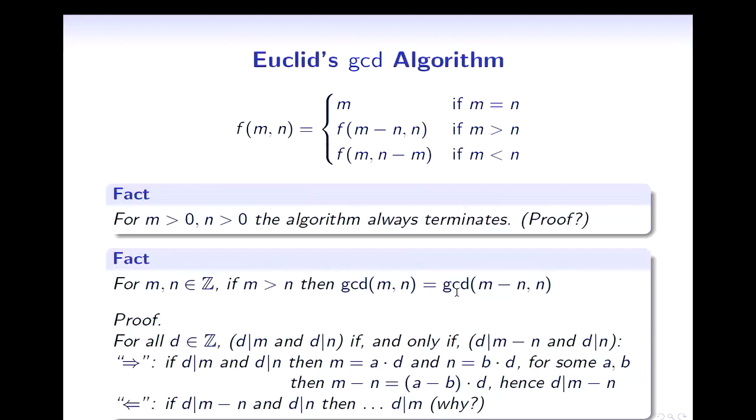And it wasn't entirely clear how many steps I would have to take until I reach the m equals n case. So it's not as obvious as an algorithm that says, repeat this exactly 10 times, and then you're done. This, of course, is easy to see that this must terminate. But here, with this rewriting, the arguments might go on forever. Or maybe not. Why can't it go on forever?